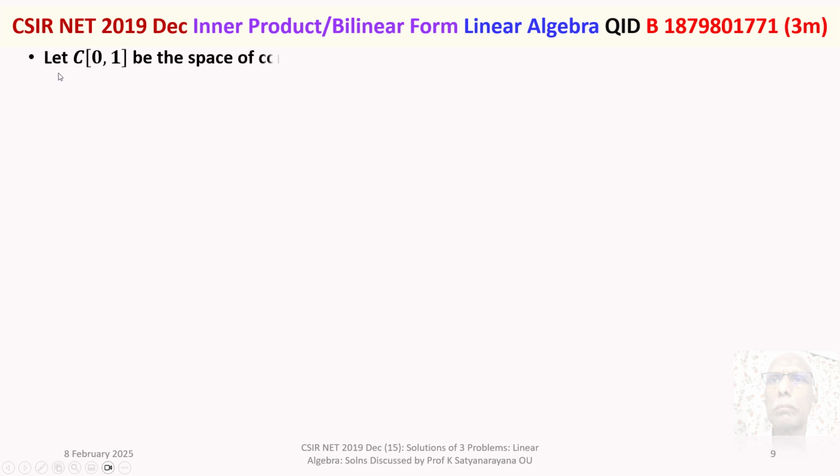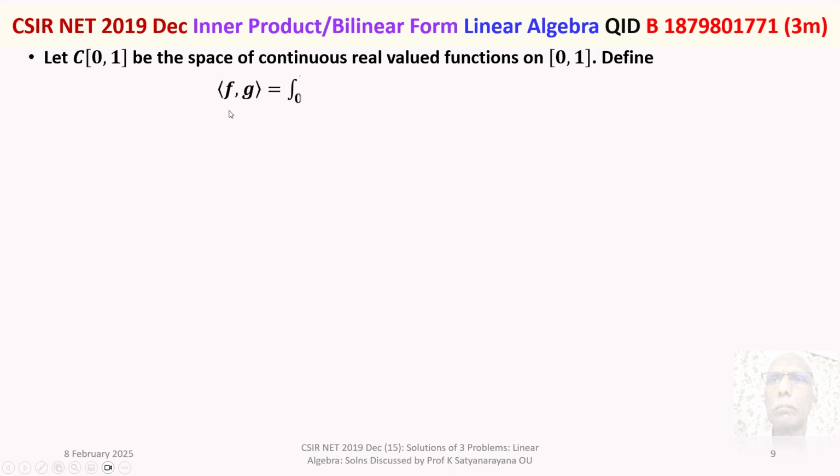The given question is: C closed interval 0 to 1 is the space of continuous real valued functions on the closed interval 0, 1. Define bracket f comma g equal to the integral from 0 to 1 of f of t times g of t square dt, for all f, g belonging to C[0, 1].